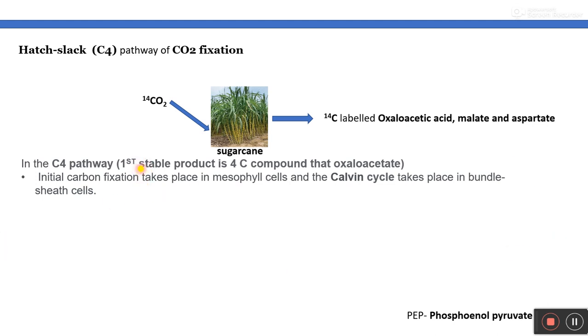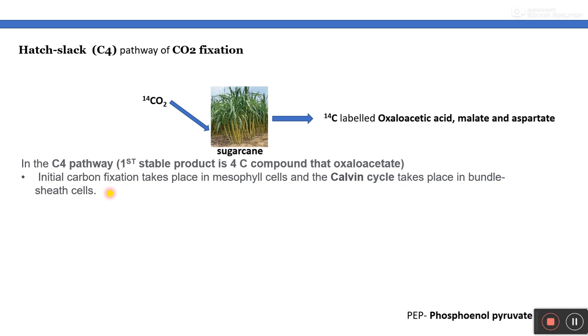Since in this pathway the first stable product is a 4 carbon compound, oxaloacetic acid, this pathway is also known as the C4 pathway. In this pathway the initial carbon fixation takes place in the mesophyll cell and the Calvin cycle takes place in the bundle sheath cell.